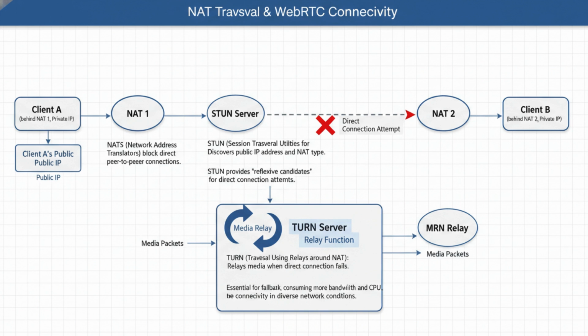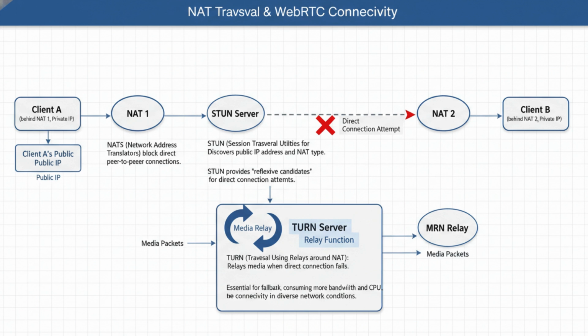One of the most significant challenges in establishing peer-to-peer connections is navigating network address translators, or NATs. Most devices on the internet sit behind a router that uses NAT, which translates private internal IP addresses to a single public IP address, making direct connections difficult. This is where STUN and TURN servers become indispensable.